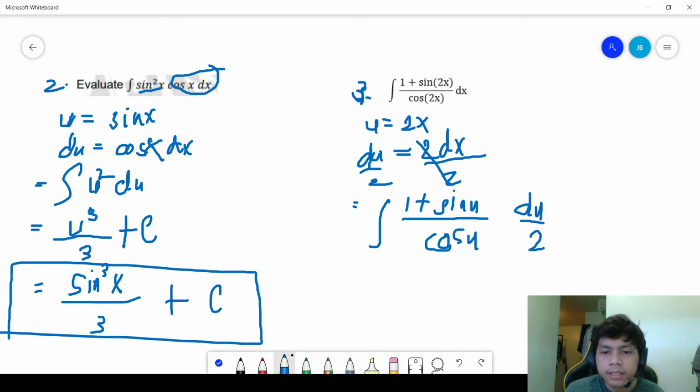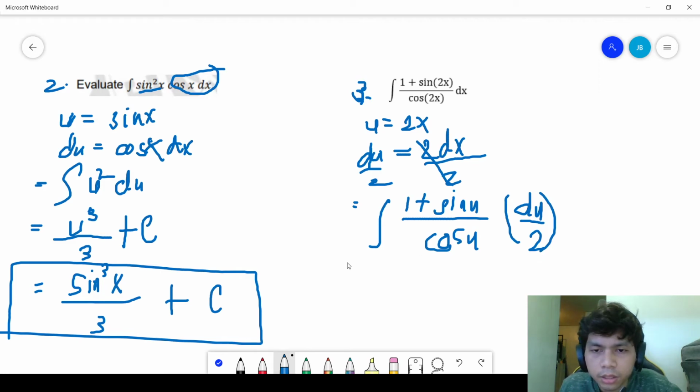All right, so what will we do next? The constant for du over 2 is 1/2, right? So let's bring 1/2 outside since it's constant. Let's distribute first before we do that.